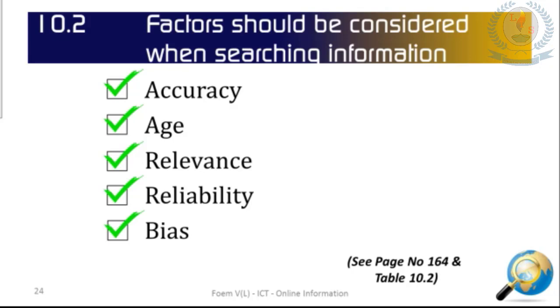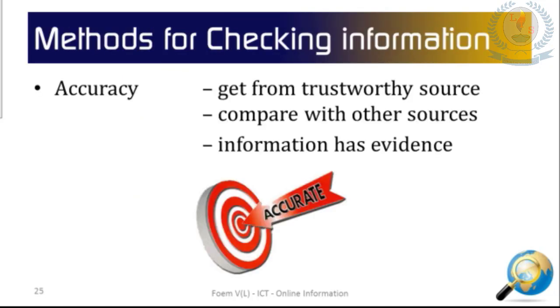Think you are going to write an article or do an assignment. You have to consider these factors when selecting information from the internet for your assignment. Methods for checking information. Accuracy. How can I find out my information is accurate? You have to get the information from a trustworthy source.